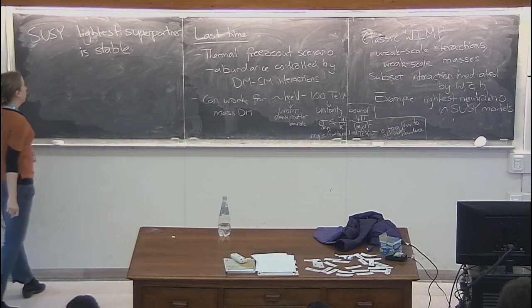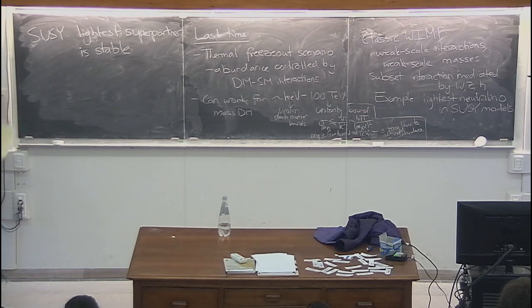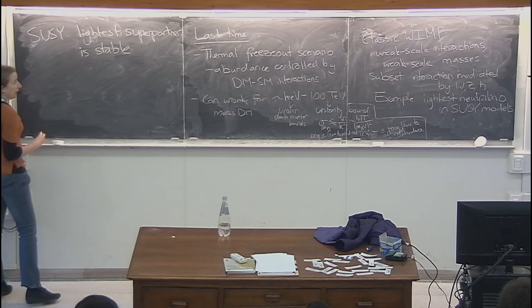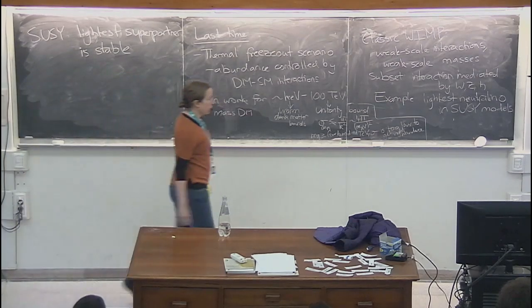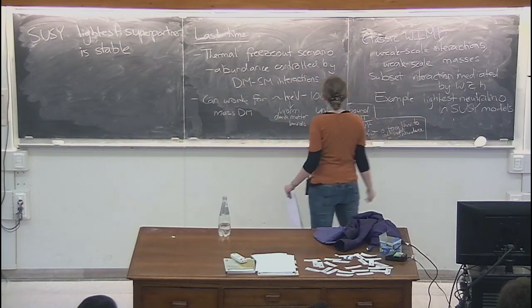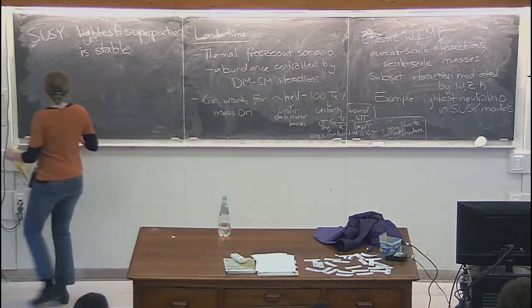So a generic feature of supersymmetric theories is that the lightest superpartner is stable, and often the lightest superpartner is what's called a neutralino, so that's a superpartner of the gauge bosons of the standard model.